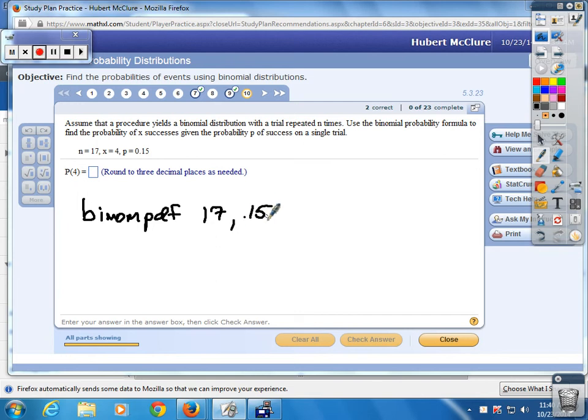17, .15 and 4. Now, the second thing that you need to be able to do, besides pick the information out and put it in the correct order in your calculator, is to know what you're actually finding out. Basically, they're giving you some information that they already have, and they're applying it to new information here.